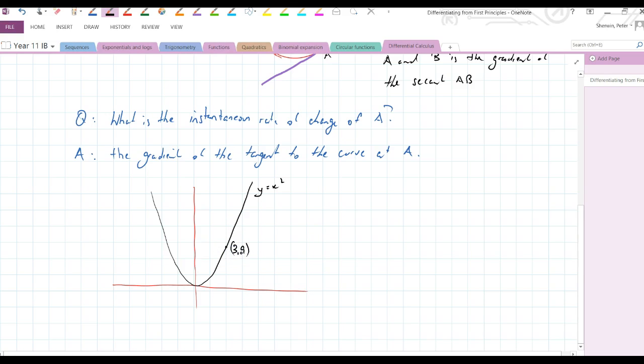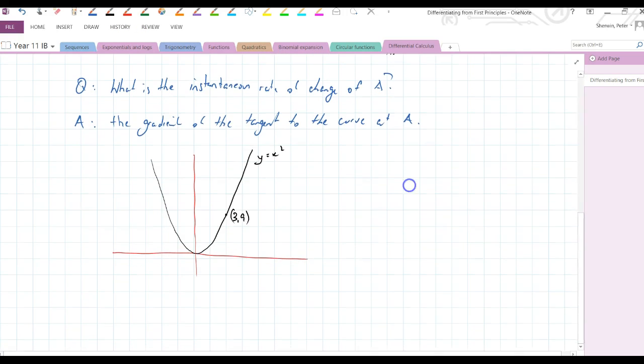The aim here is to find the instantaneous rate of change at the point (3, 9).